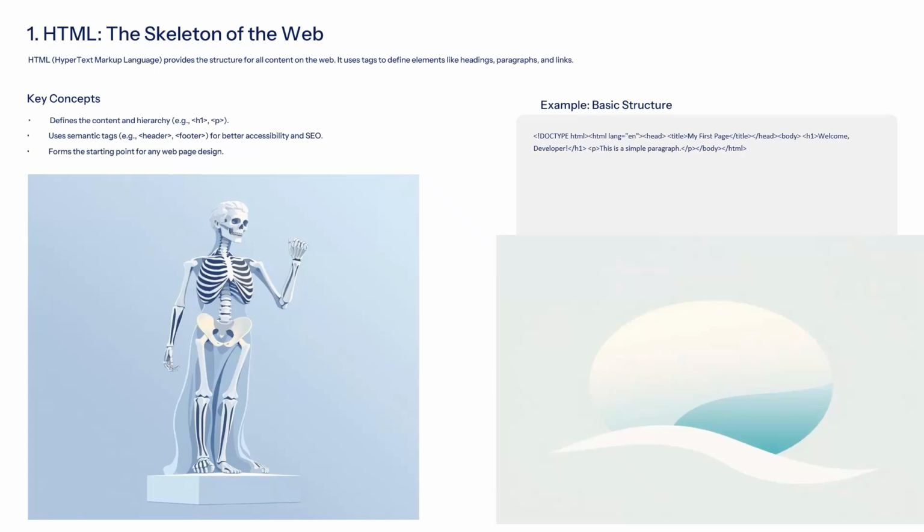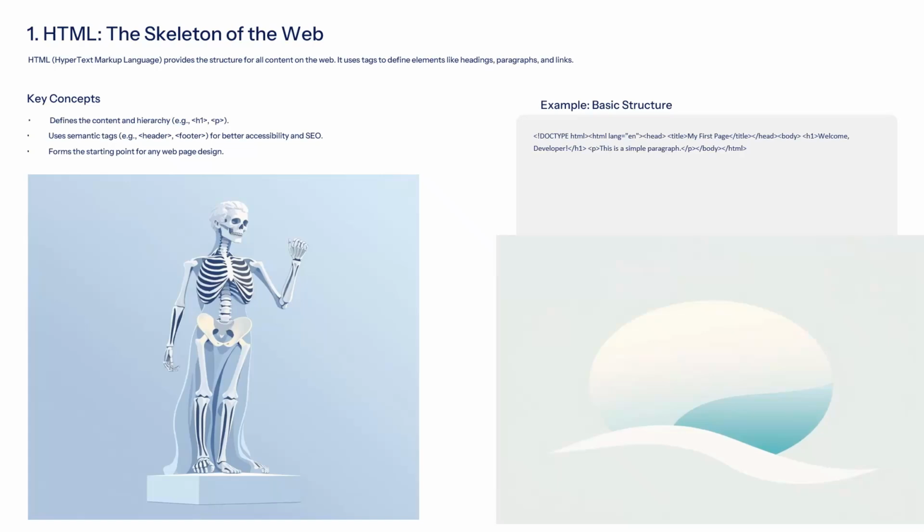Secondly, it makes use of semantic tags such as header and footer to improve accessibility and search engine optimization, or SEO in abbreviation. And finally, it forms the starting point for any web page design, which means everything else like CSS and JavaScript builds on top of it.